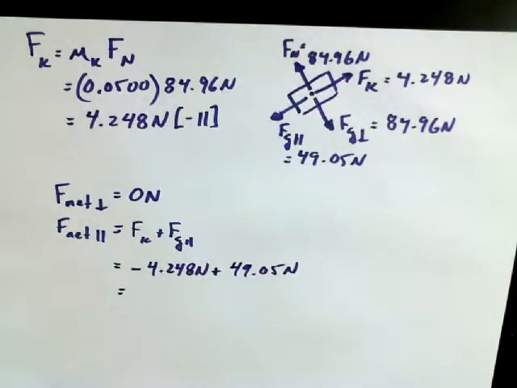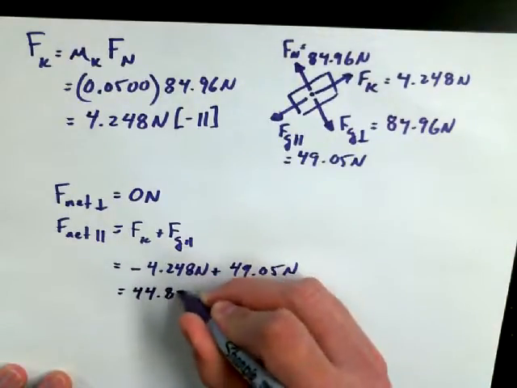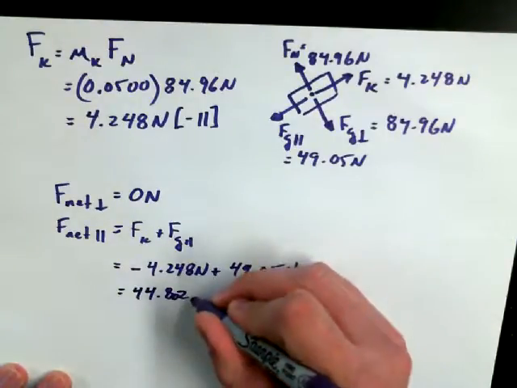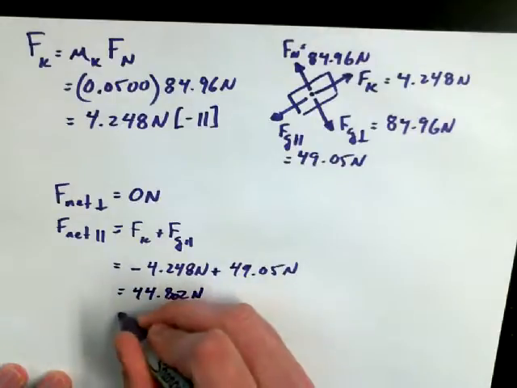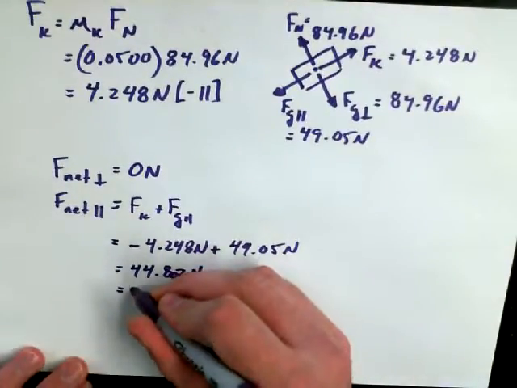Should be somewhere around 45, but a little less, I suppose. .802. Thank you, Shireen. Oh, I almost dropped the 0. 44.802 newtons. And we started off with, and I didn't want to round until the very end, I guess we're not at the very, very end if we're looking for the acceleration.